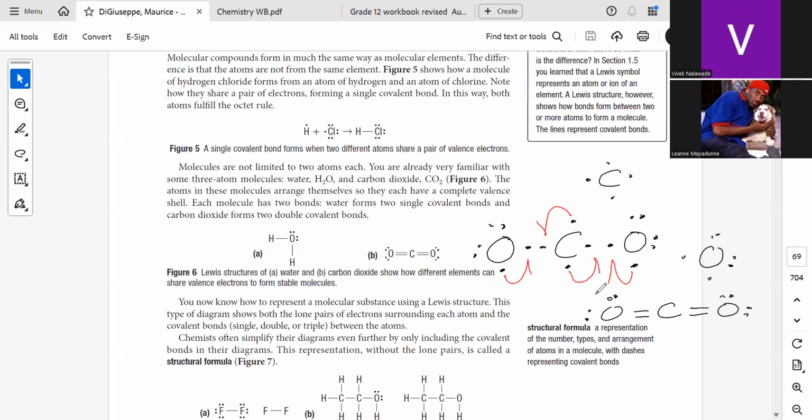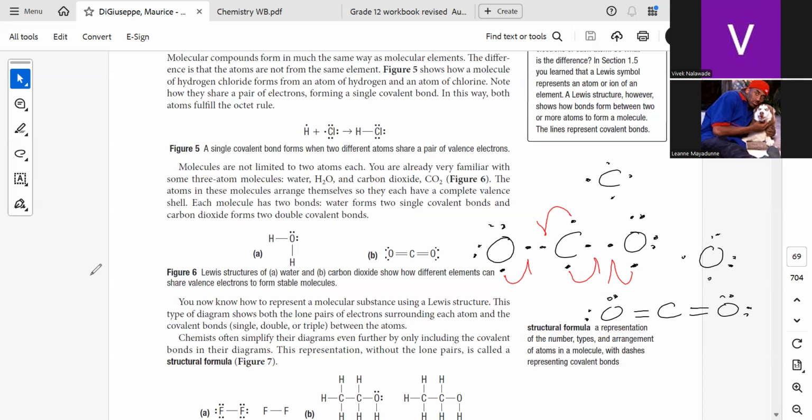So it only forms bonds with the lone pairs? No, lone pairs never form bonds. So it forms only when there's an unpaired electron. Only unpaired electrons form bonds.